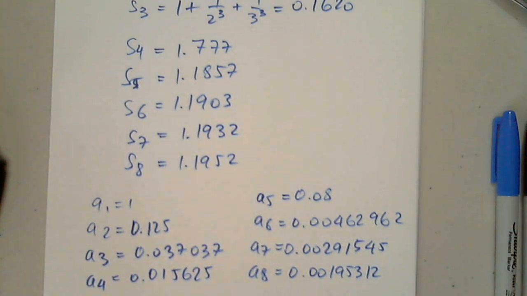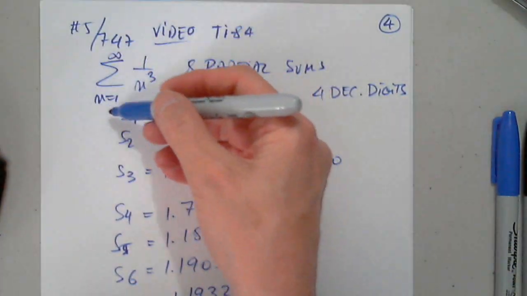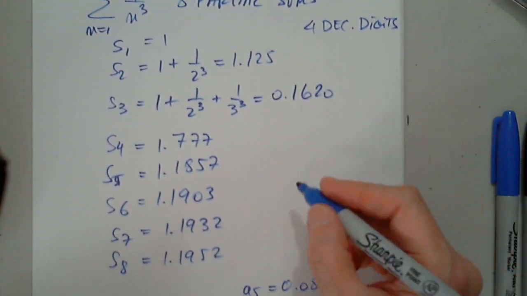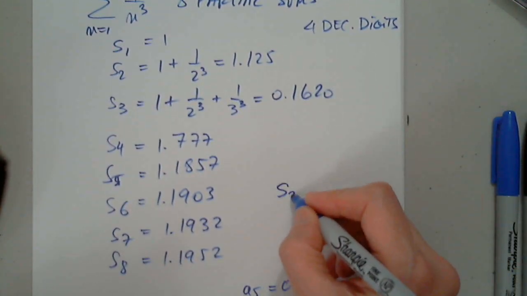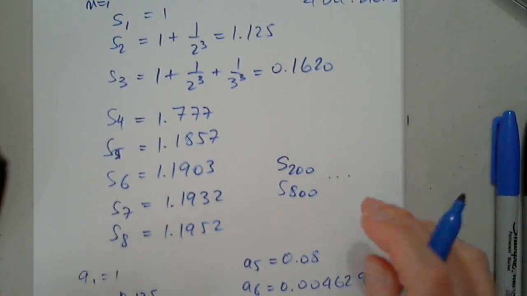I also showed in the video how to make a decision on whether this infinite series is convergent, and we determined the 200th partial sum, the 800th partial sum, and so on and so forth.